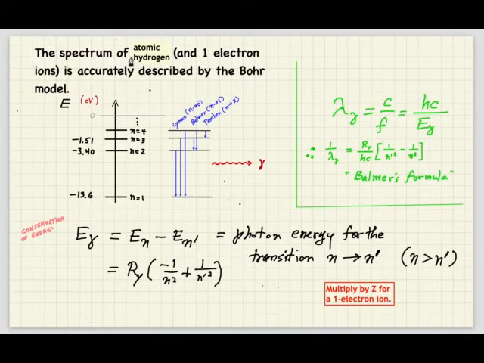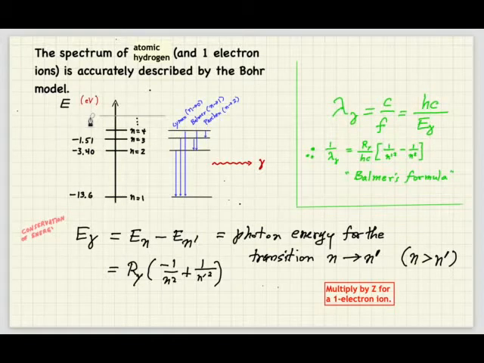All right, so the spectrum of atomic hydrogen, and also for one electron ions, is accurately described by the Bohr model. We have these energies, minus 13.6 electron volts, minus 3.4 electron volts, minus 1.51 electron volts, and so on and so on and so on.